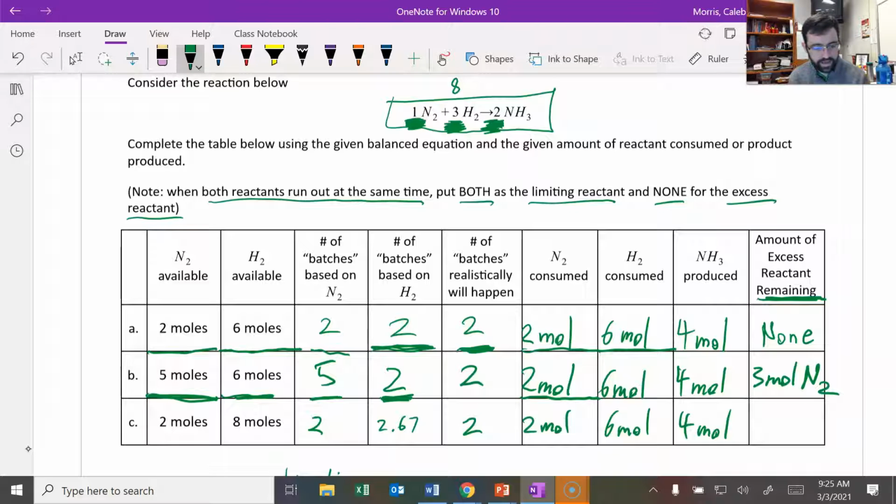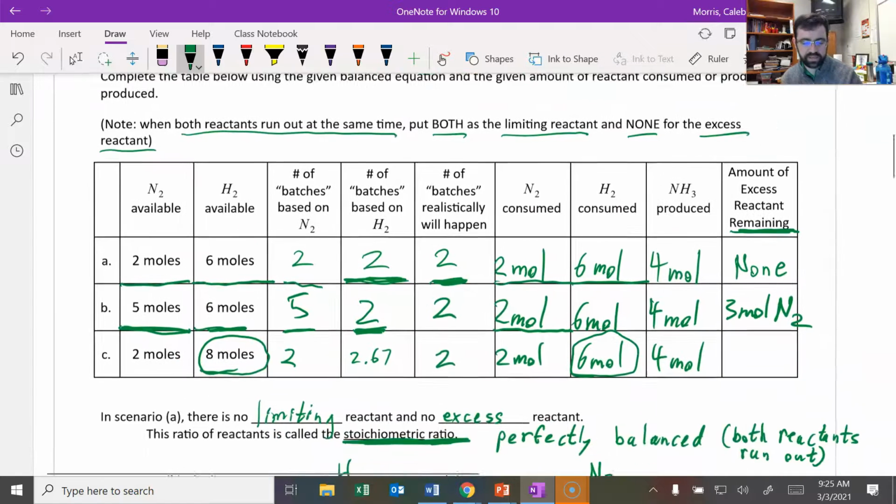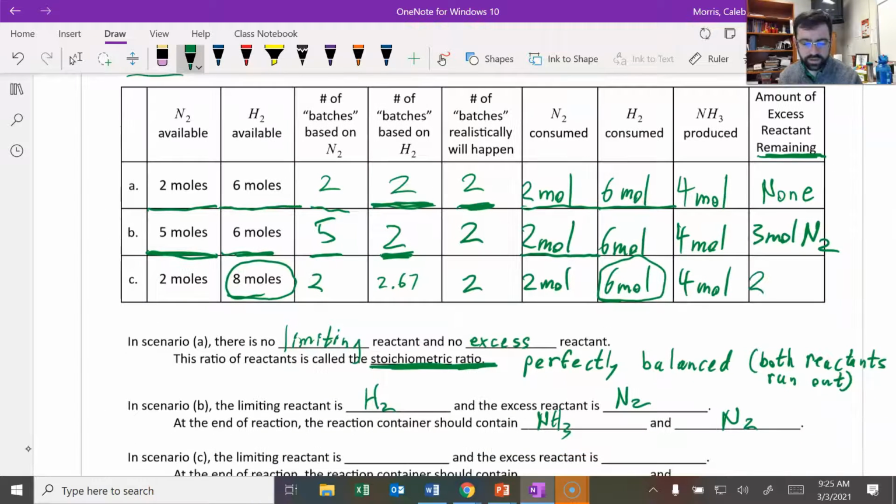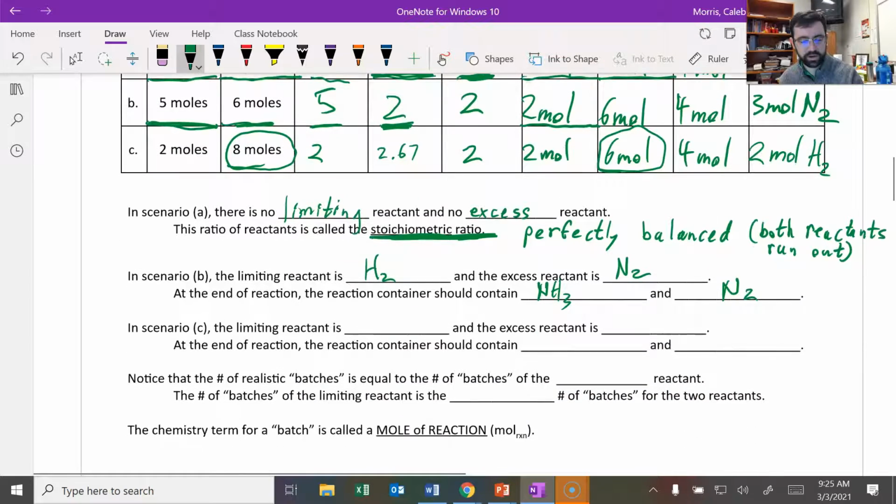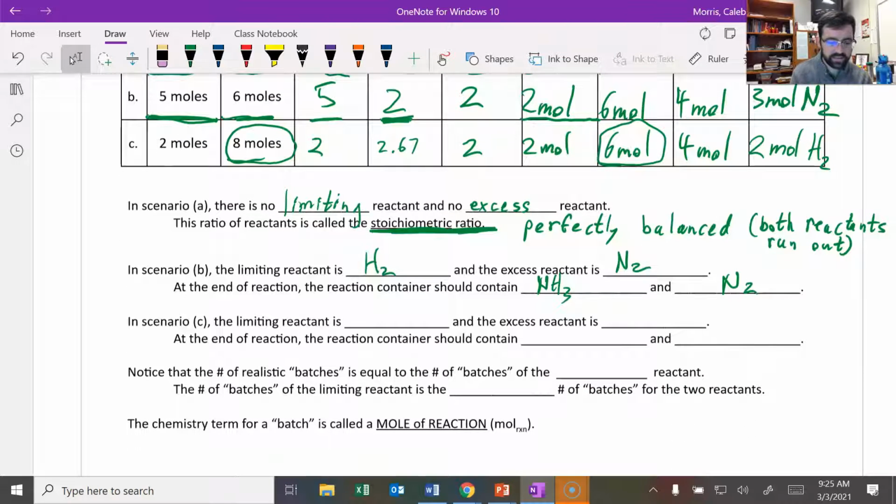Well, I've got 8 moles at the beginning. I only used 6 moles, so 8 minus 6 gives me 2 moles left over. 2 moles of what? 2 moles of H2, the excess reactant. So in scenario C, the limiting reactant is N2, excess is H2.